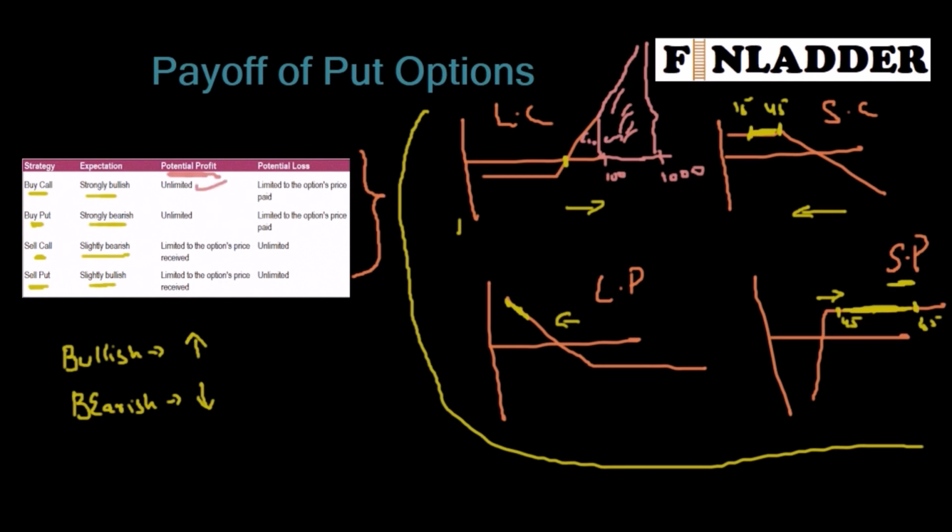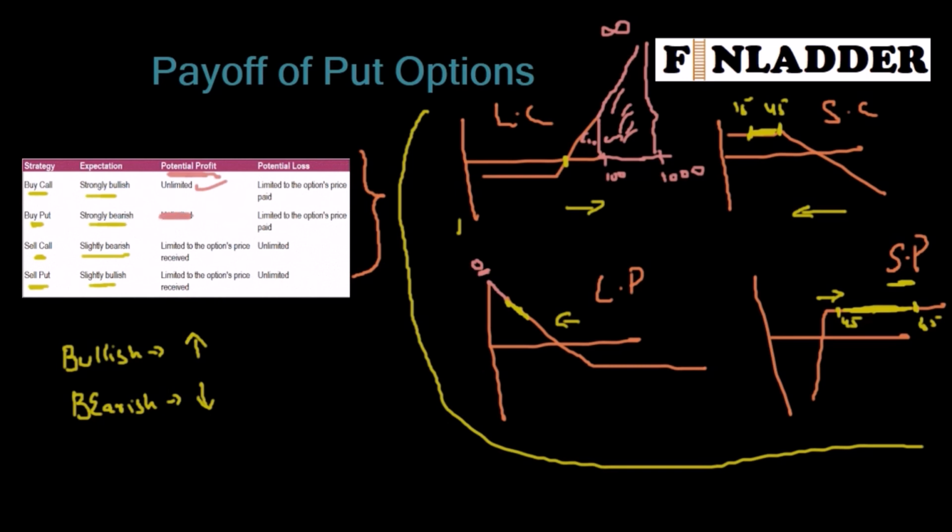In buying a put, that is long put, it says that our profit can be unlimited, but in reality our profit cannot be unlimited. The prices can decrease till zero, right? Here the prices can increase till infinite, but here the prices cannot decrease below zero, so our profit will be finite. So unlimited is wrong.